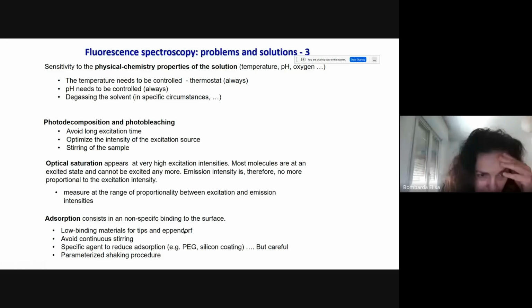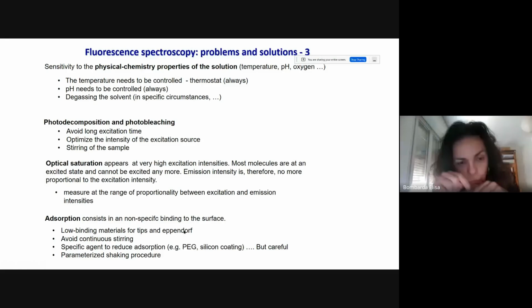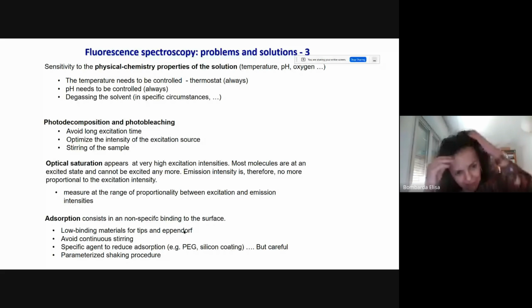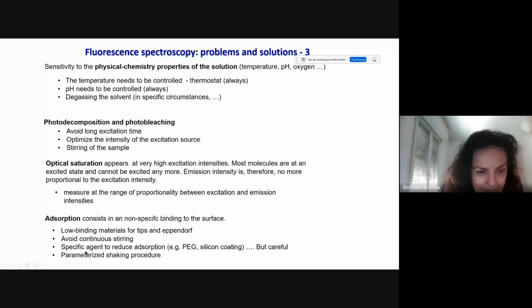So this is also a problem that affected the signal, and we don't want it. To solve this, use low binding materials for tips and Eppendorfs. In this case, stirring is negative, because when you stir, you practically invite the molecule to go to the wall. There are also specific agents that reduce this adsorption, like silicone coating of the wall of the cuvette.